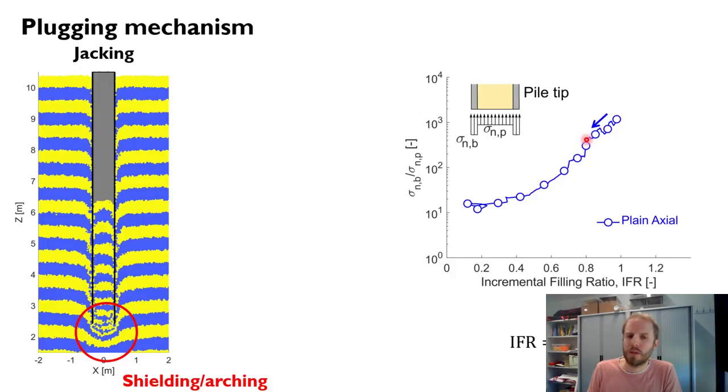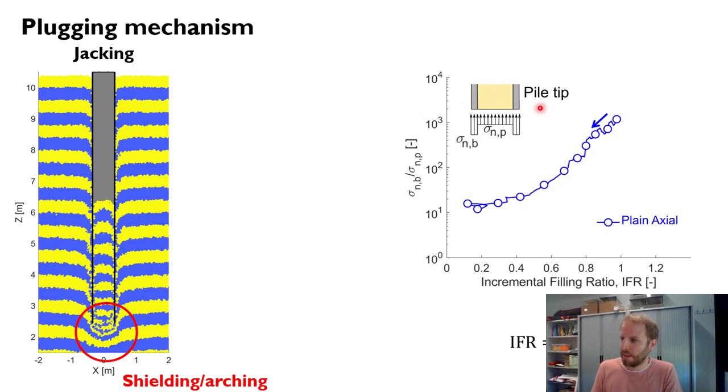During the coring, the stress acting on the tip of the shaft is much higher, and it decreases, and at the end we have a ratio which is equal to about 15 or so.